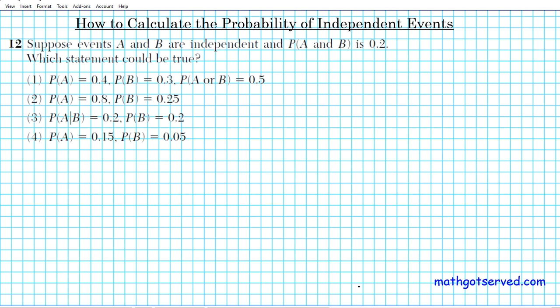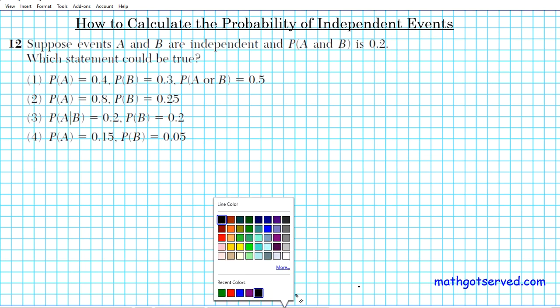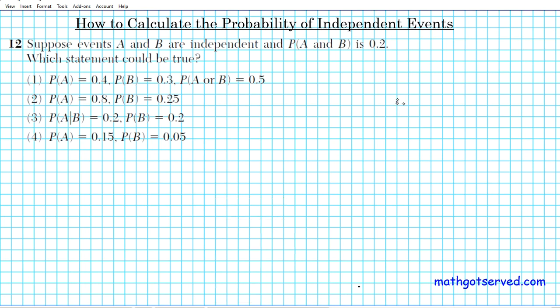Alright, so before we get started, let's go ahead and review our formulas concerning the probability of independent events. We just list all of them here and then we apply them to the options and see which one generates a true statement. Okay, so probability formulas for independent events.